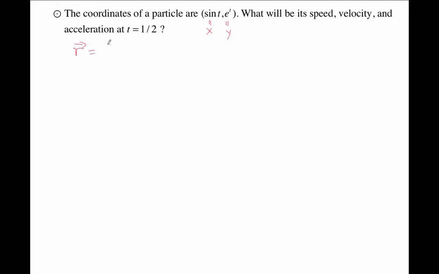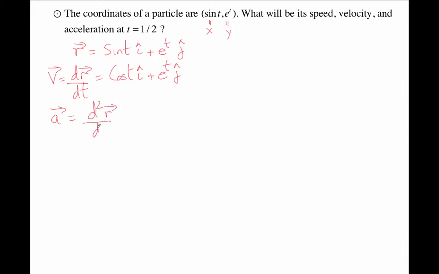So here r is sine t times the unit vector i plus e to the t times the unit vector j, in which case dr by dt, which is the velocity vector, will be cosine of t i plus e to the t j. And the acceleration vector will be the second derivative, so we take one more derivative, d2r by dt squared, and that gives minus sine t i plus e to the t j.